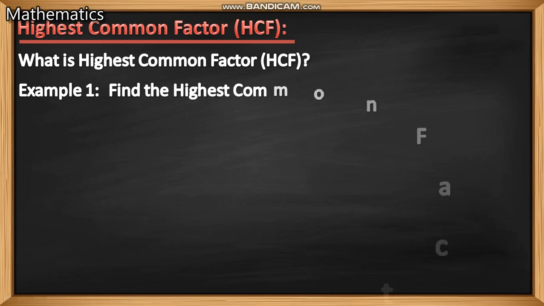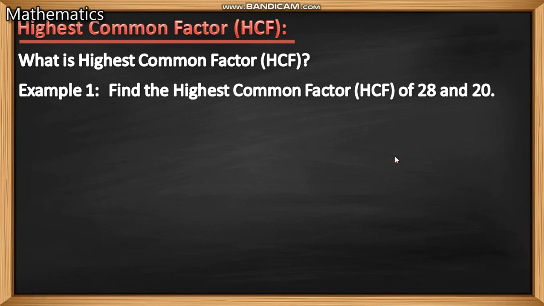Find the highest common factor, that is HCF, of 28 and 20. Two or more numbers will be given to you. Here in this question we have to find the highest common factor of 28 and 20.